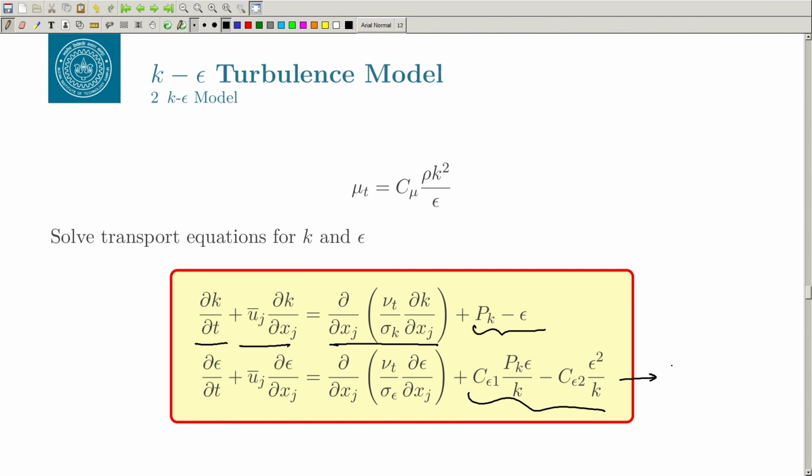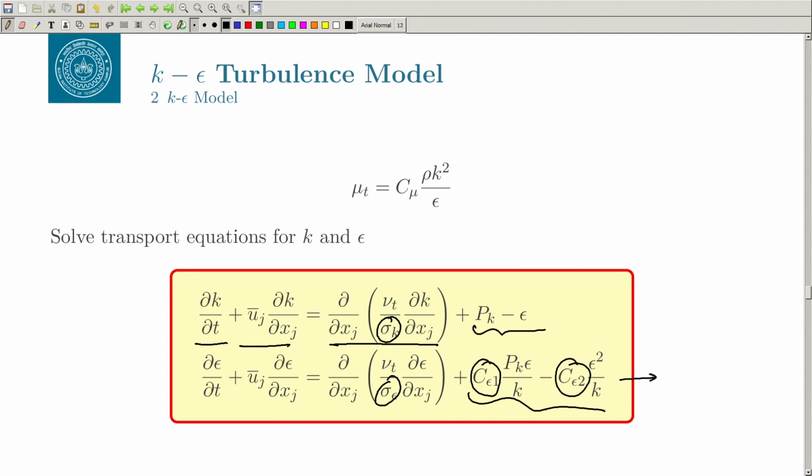And you can see there are several coefficients here: sigma k, sigma epsilon, C epsilon 1, C epsilon 2. The values of these may also vary depending on the model. Even for the same model, depending on when it was proposed, we have seen that these values evolve, as you get more and more accurate experimental or DNS data.